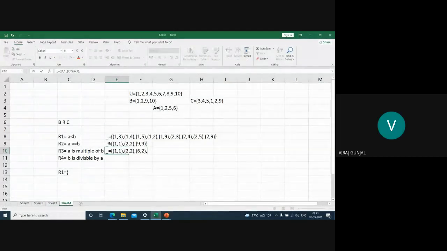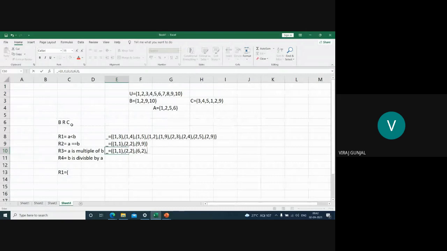Yes, Sir, in R2 it is given A is equal to B, so it will be 4 comma 2. Generally, element A belongs to set B, and element B belongs to set C. These are the names of the sets. Are you clear, Viraj? Yes, Sir.